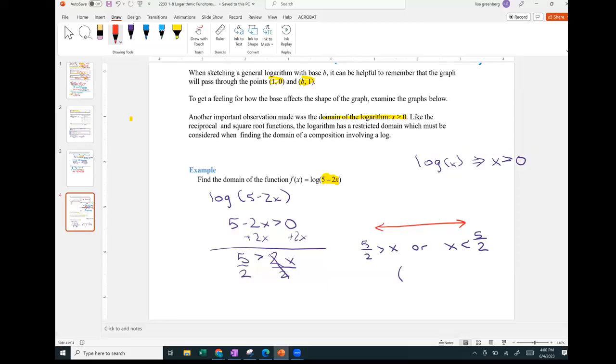So x is less than 5 halves. Let's call this 5 halves. And it's got an open circle there, and it goes that way. So I can see I'm going from negative infinity to 5 halves, and I have open parentheses on both sides because negative infinity is not a number, and it can't reach 5 halves or 2.5.